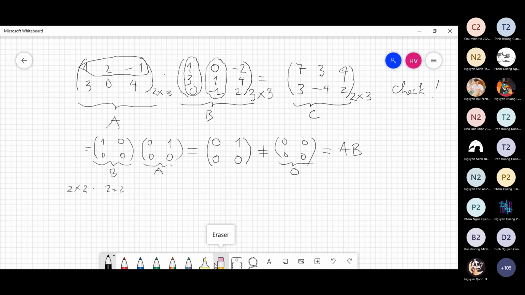So you have here B multiply A. What can you say? This means generally you have BA is not AB. And this means that matrix multiplication is generally not commutative.